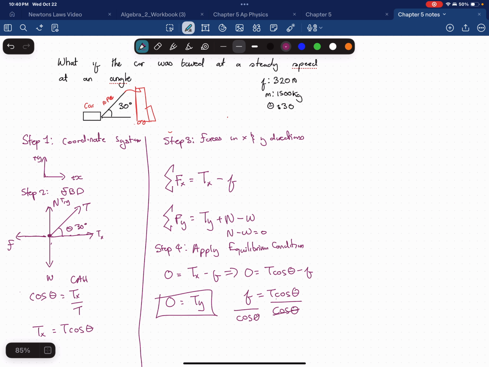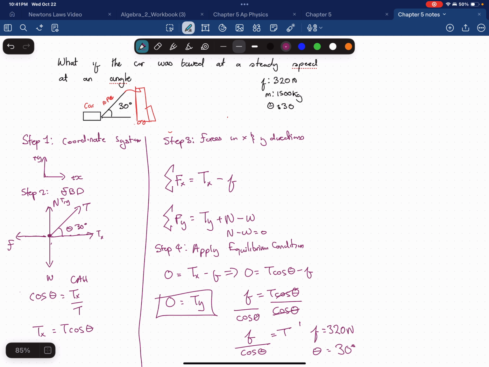And boom, my tension is equal to my friction over cosine theta. And I know my friction. My friction is 320 newtons. And theta is 30 degrees. So I can plug in.